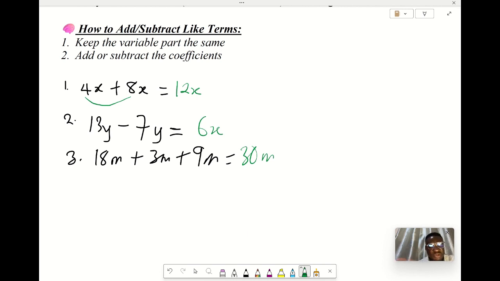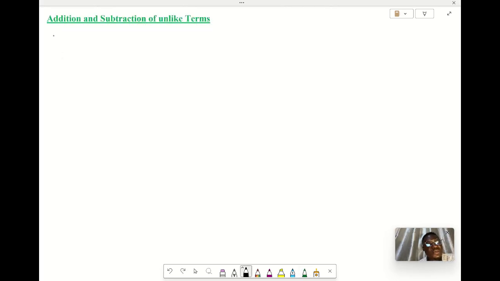So anytime you're asked to either add or subtract expressions that are like terms, this is a very simple way you handle it. Also, let's look at when there are unlike terms. You are dealing with terms that are not like terms.